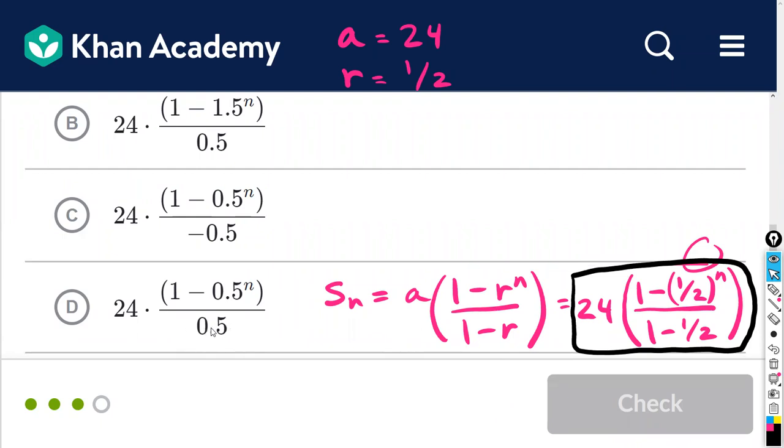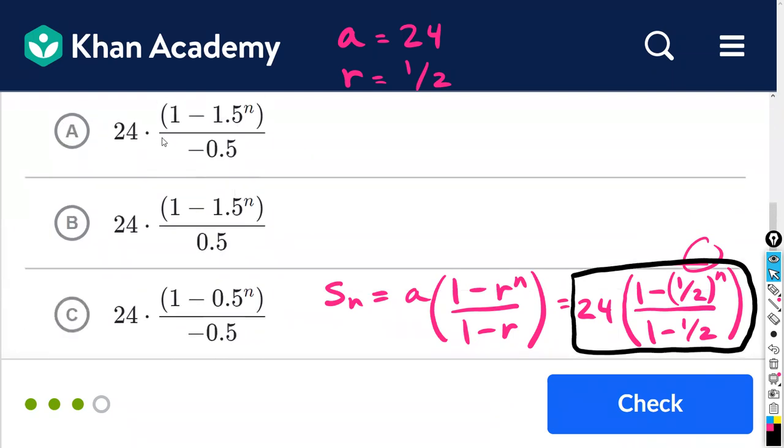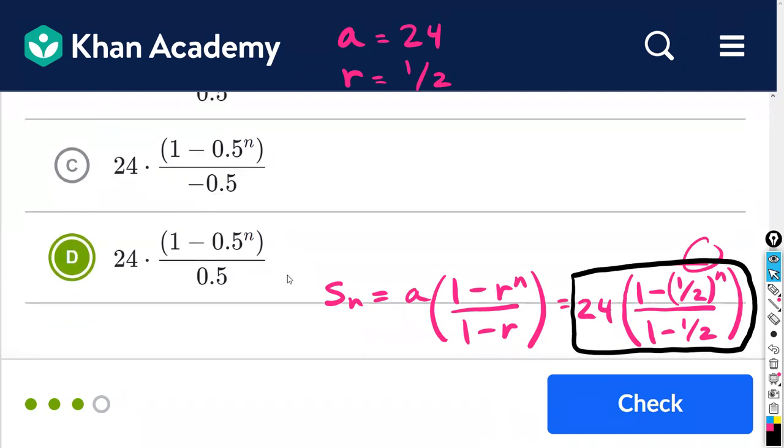We know 1 minus 1/2 is just 1/2 or 0.5. So that's it right there. Answer D. Answer C, they made the denominator negative. Answer B, they used 1.5 instead of 0.5, and same with answer A. So that's it.